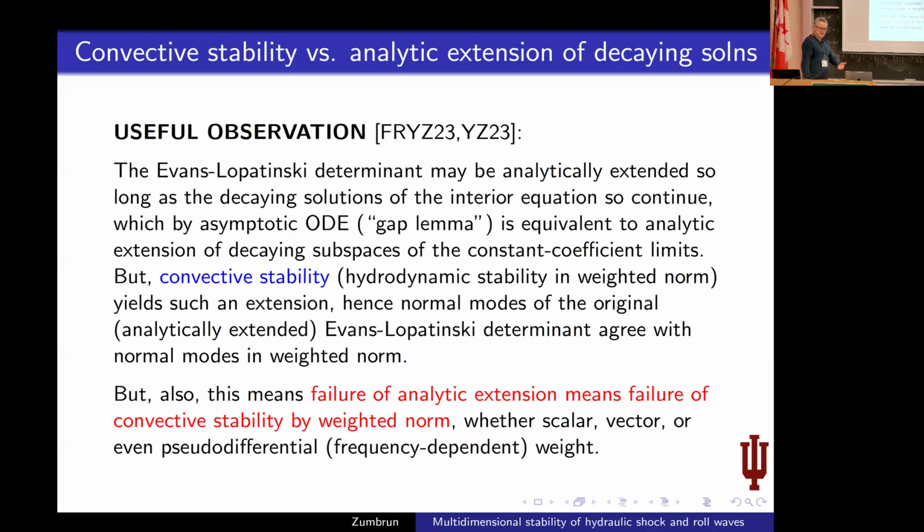Otherwise, you have a problem when you go to the nonlinear theory, that the nonlinear equations will have exponentially growing weights in the coefficients. So you really need to be penalizing distance from the boundary.